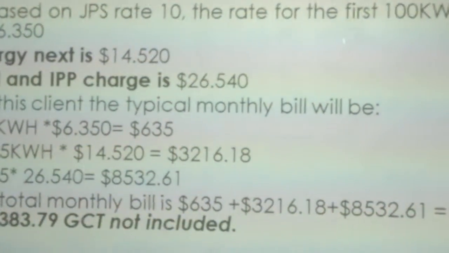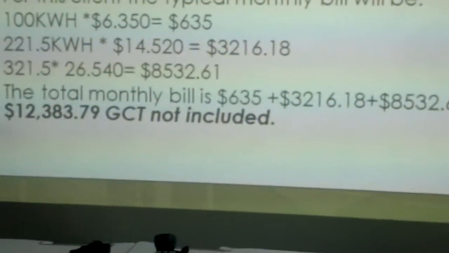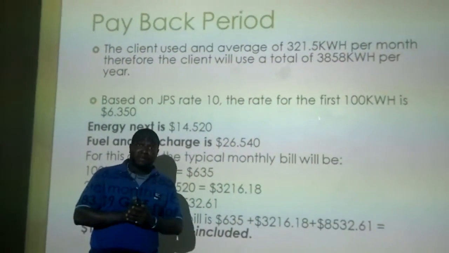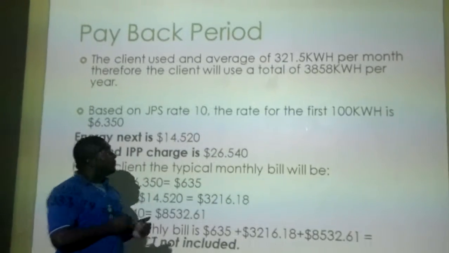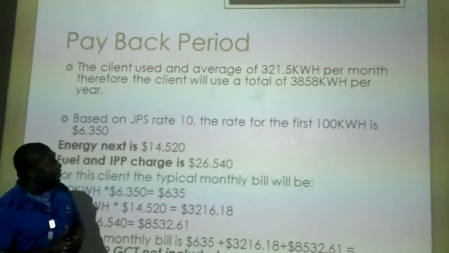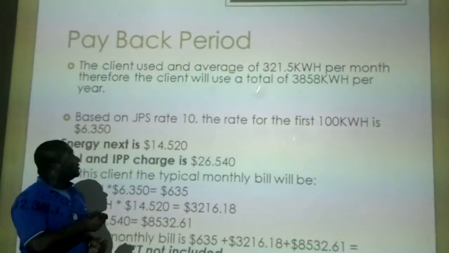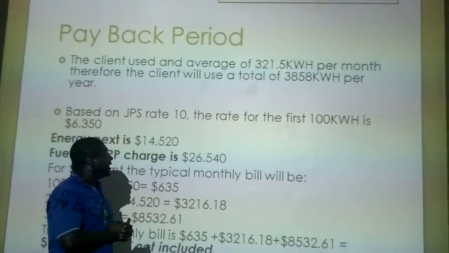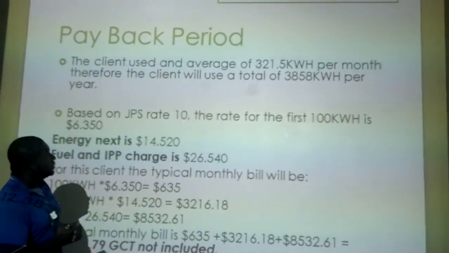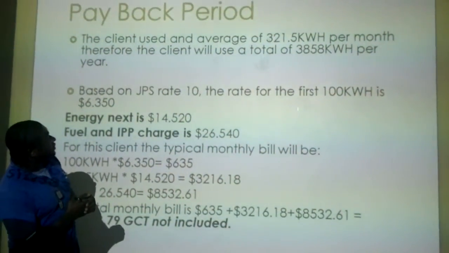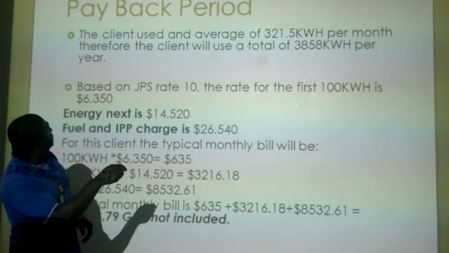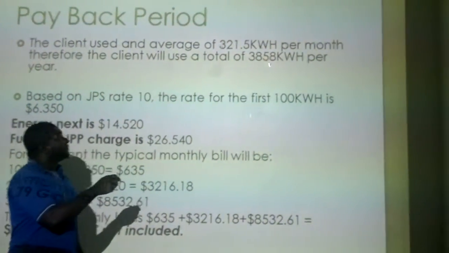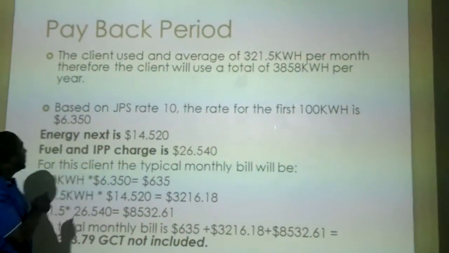You understand? So, our payback period. When we design a project, we need to know what our payback period looks like. For our payback period, we use the average kilowatt hours per month, which is 321.5 kilowatt hours that the client uses on average per month. Therefore the client will use a total of 3,858 kilowatt hours per year.